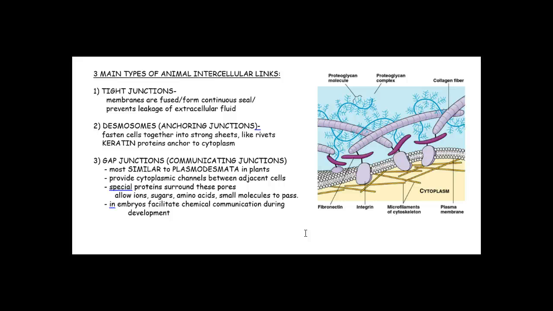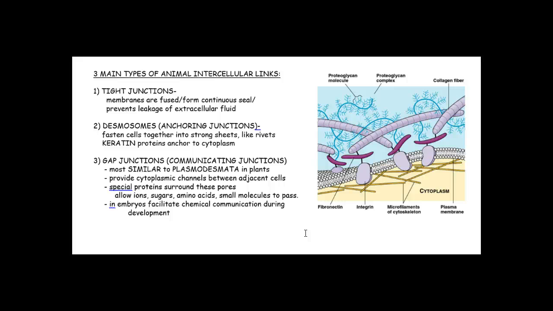Cells often have to be linked together, sometimes to exchange materials, exchange signals, or to just be connected to one another. Those are called cell junctions. Tight junctions are membranes that are fused and form kind of a continuous seal between cells.